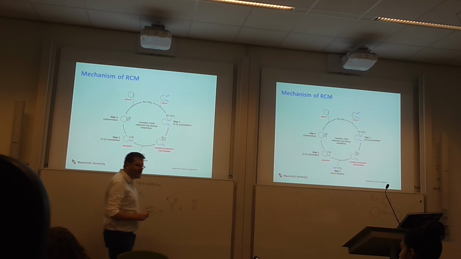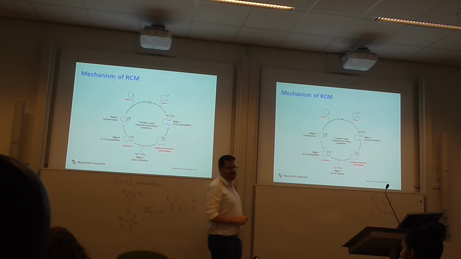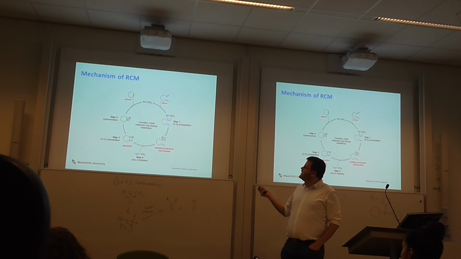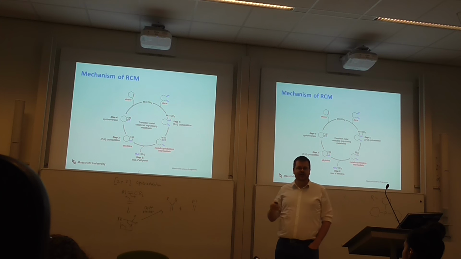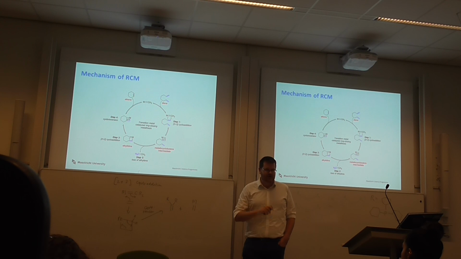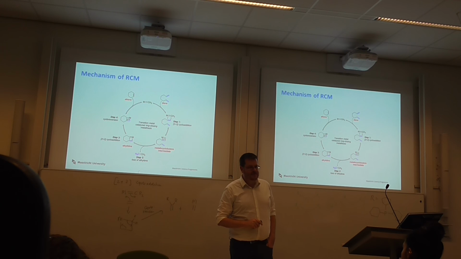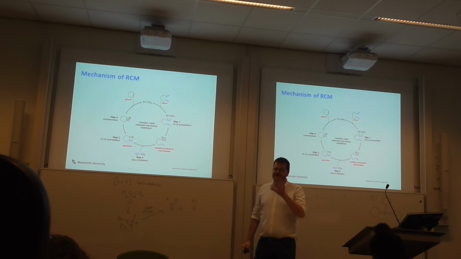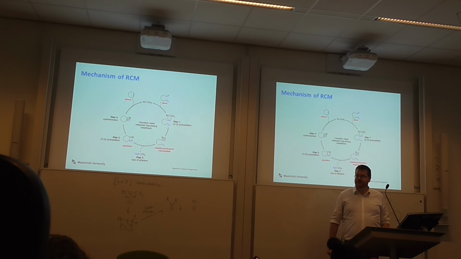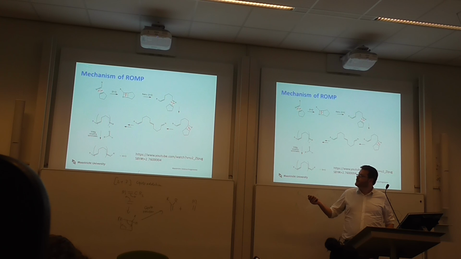Exactly. Or at very low concentrations. Precisely. Because if you have a very high concentration of that guy, the selectivity is going to deteriorate to a certain extent, because you're going to have this cross reaction taking place as well. So these are issues a person has to take into consideration when looking at these different variations of metathesis. And the same thing here, okay?